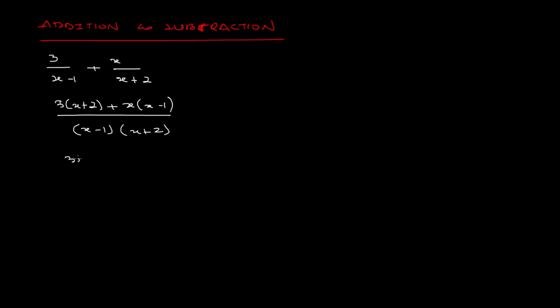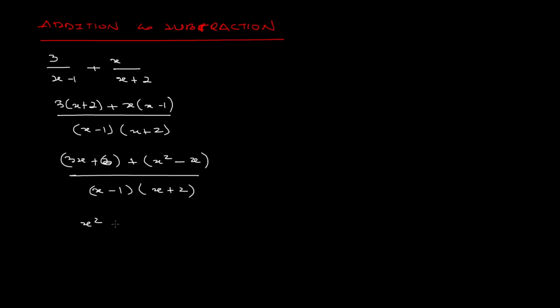So here we have 3x plus 2 plus 6. Okay, so we have to be careful there. Then plus x squared minus x, like that. Then we maintain this structure here because we don't know what's coming here. Okay, so I have my x squared because that's only power of 2, and then my 3x and that x there can work together and give me 2x.